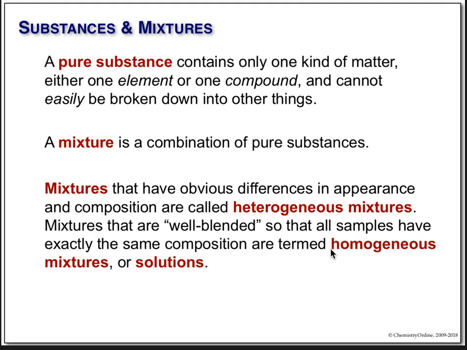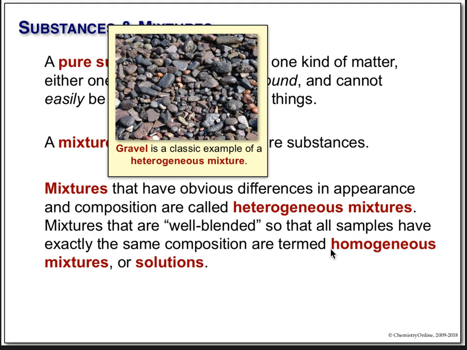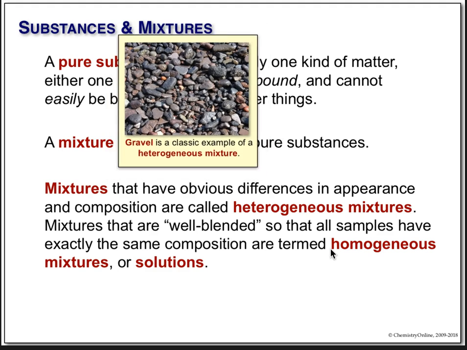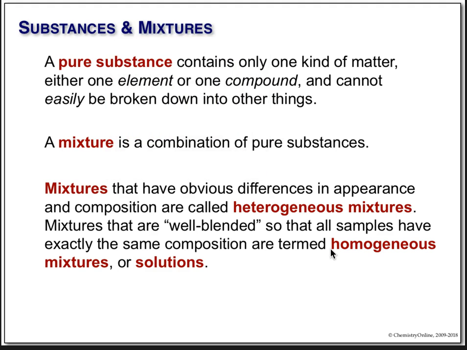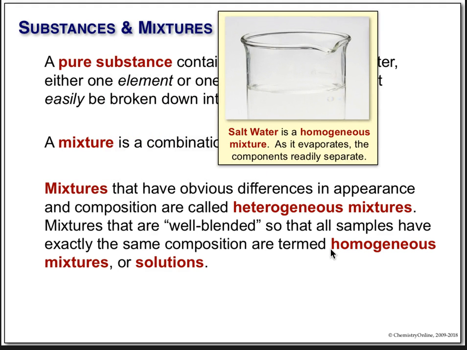If I have a heterogeneous mixture and I pull out a sample here and here, it will be different. For example, gravel, classic heterogeneous mixture. If I took a handful here and a handful here, they're different. This is salt water. Salt water, homogeneous mixture.